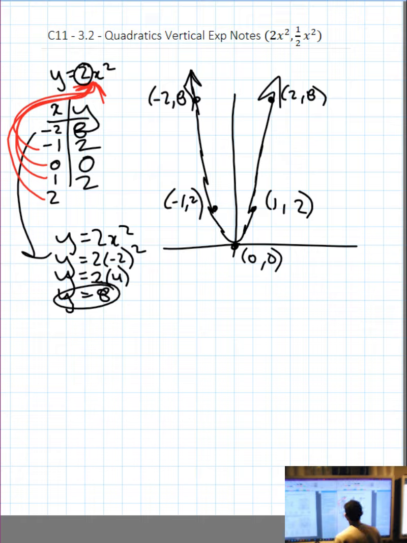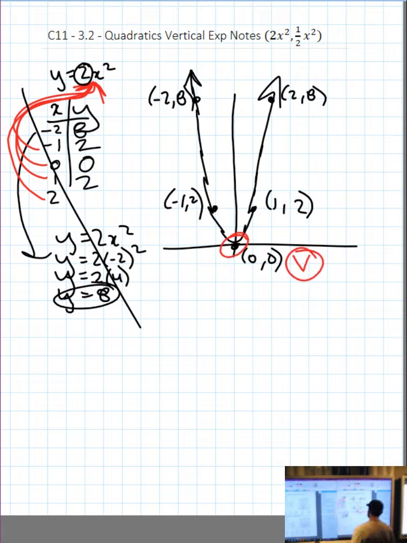Now, again, we don't need the table of values and substitution. We can just look at the bottom point, the vertex, V, and we can think over 1, but this time 1 squared times the coefficient 2. 1 squared is 1, times 2 is 2, and that's why it's up 2.